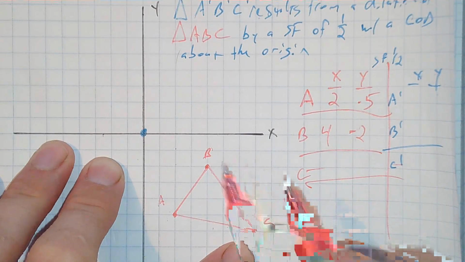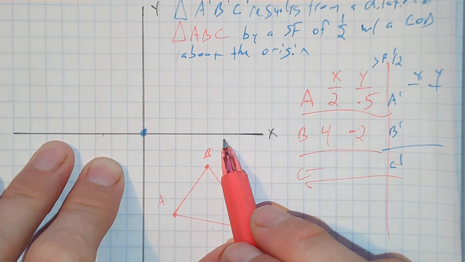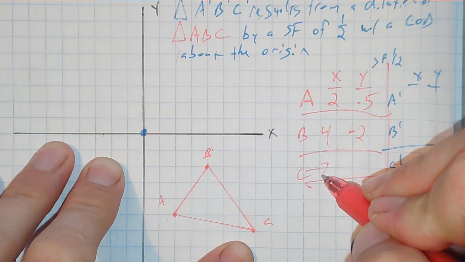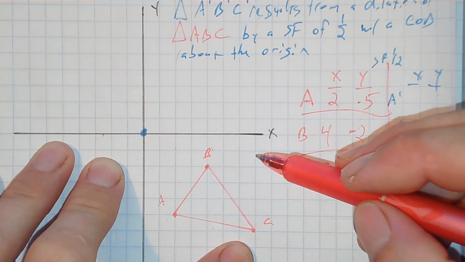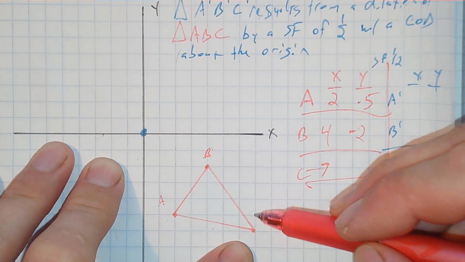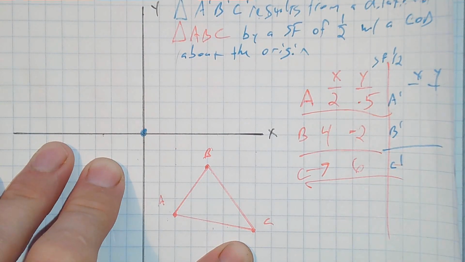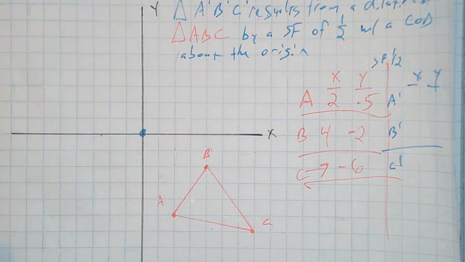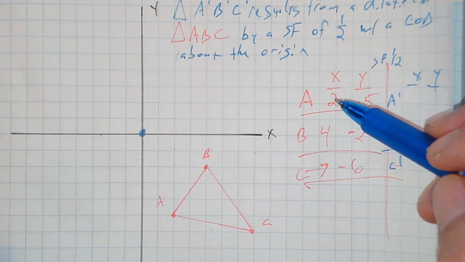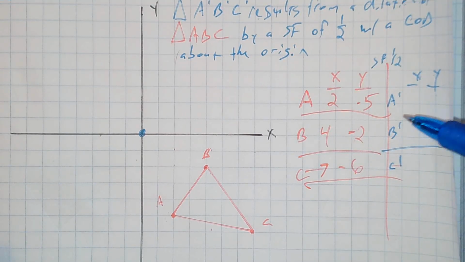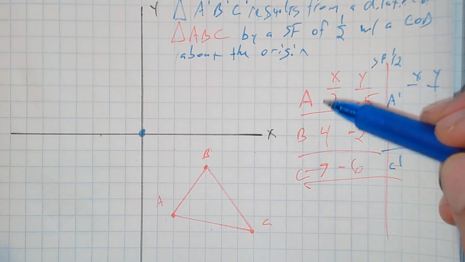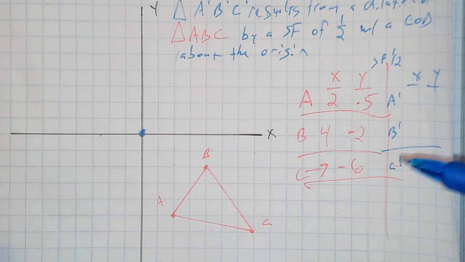And then C is over 1, 2, 3, 4, 5, 6, 7. And it goes down 1, 2, 3, 4, 5, 6. -6. Okay, so now all I got to do is divide each one of these by 2 to get the new coordinate point for the prime point.